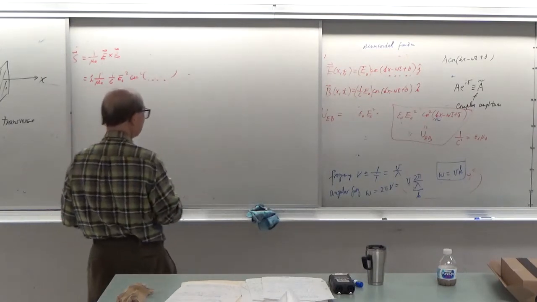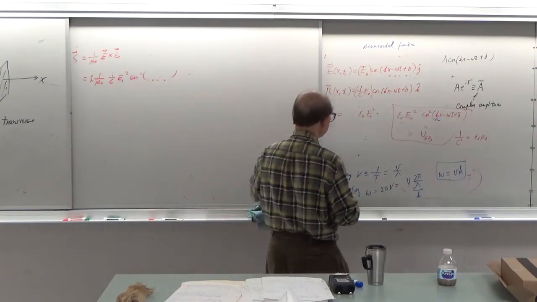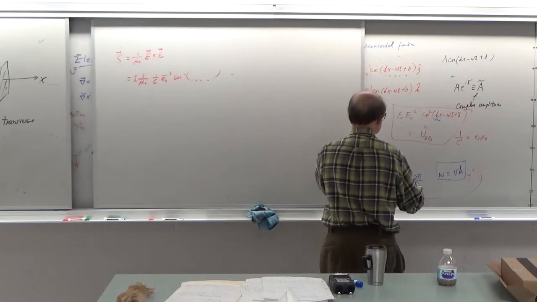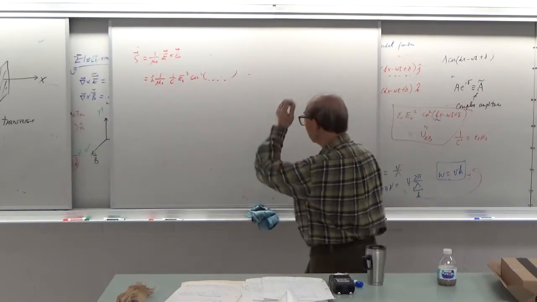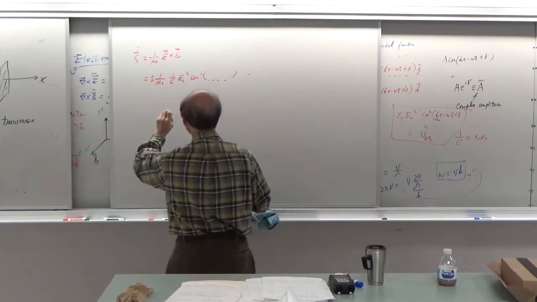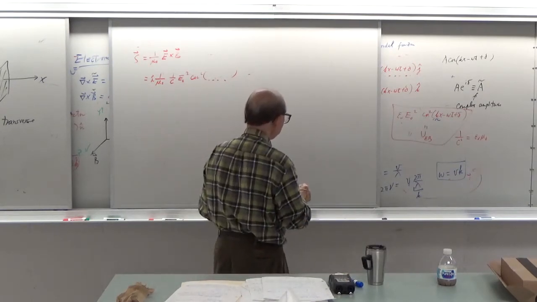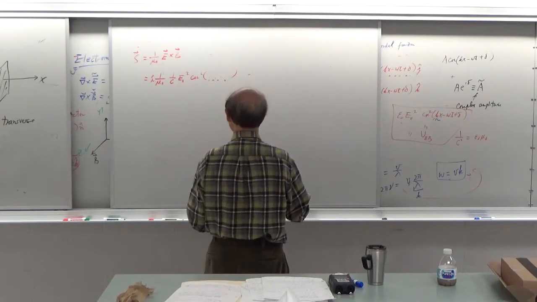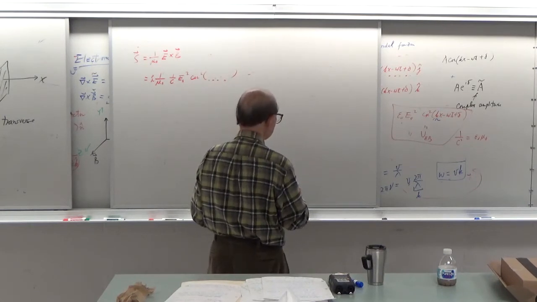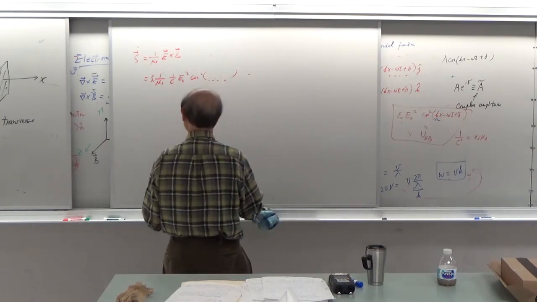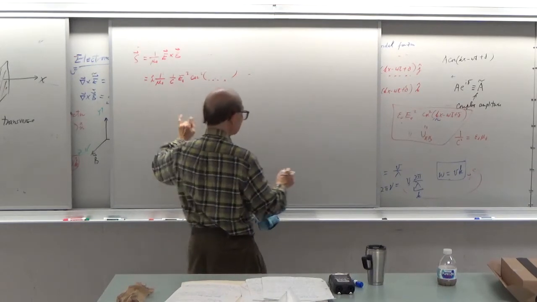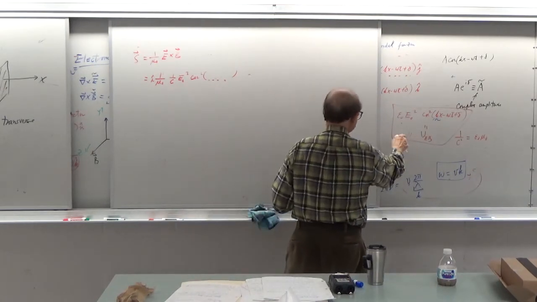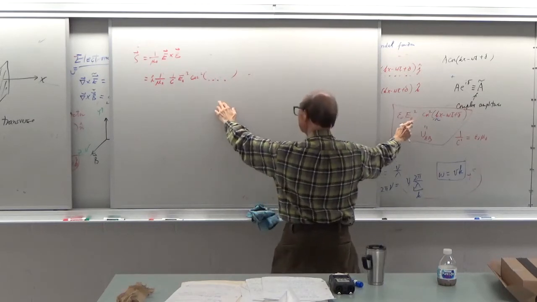And so what do we have now? Let me see how this is related to the energy density U. Cosine squared is there, E naught squared is there.